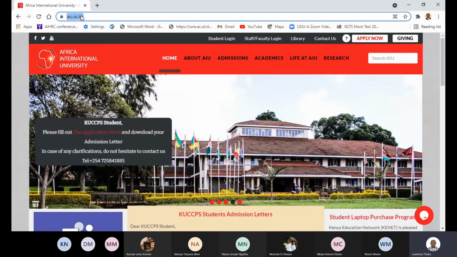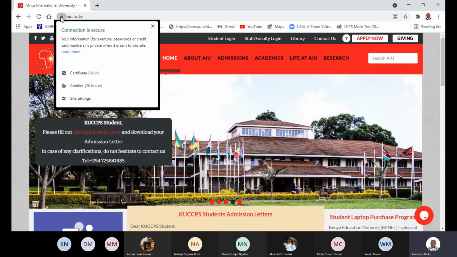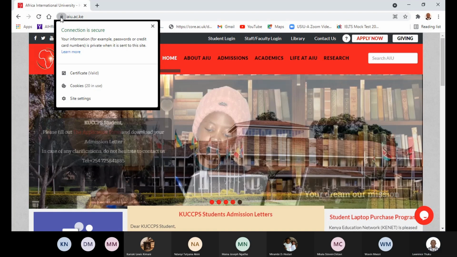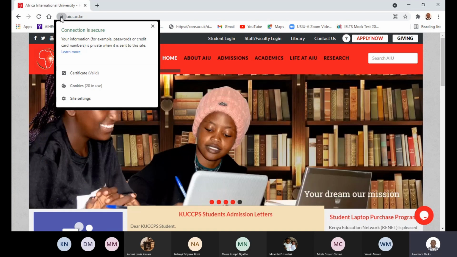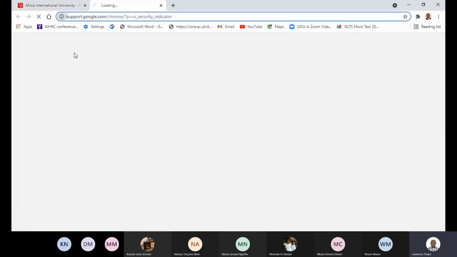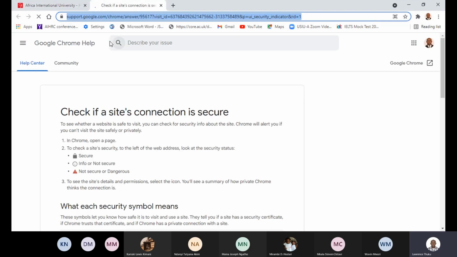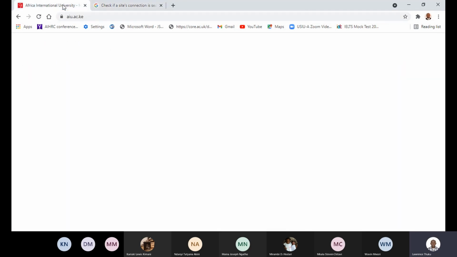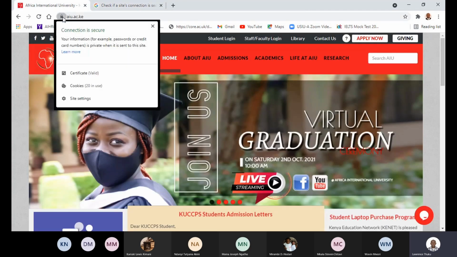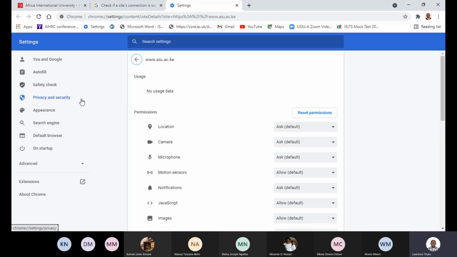If you want to know more about it, you normally click on that particular icon, the padlock, and it gives you more information about the connection you're having. It tells you the connection is secure. If you want to learn more, you can load it and learn what is meant by secure sites. You can also get to know the site settings.